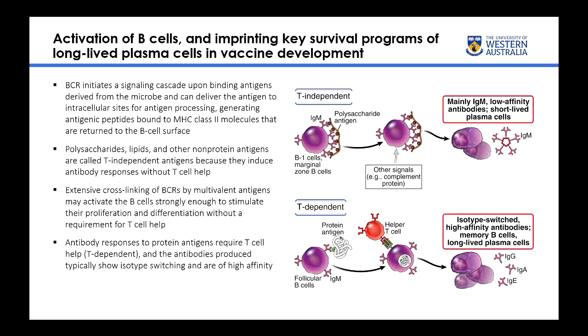So when developing a vaccine, it's quite important to engage CD4 T cells, because that interaction between a T helper and a B cell is what will lead to long-lived plasma cells, isotype switching, so not just IgM, but more importantly IgG, which lasts much longer, and IgA in mucosal sites as well.